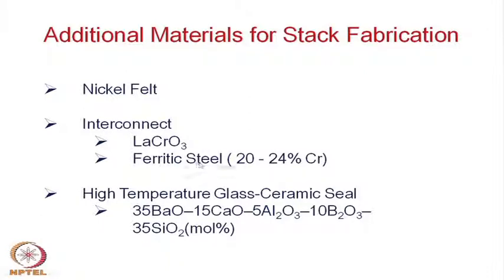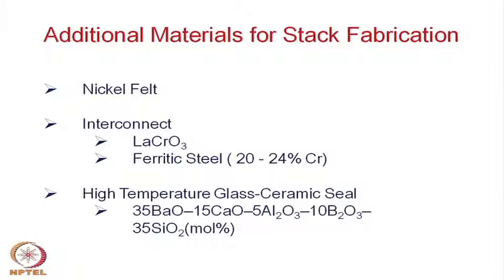I will give you more details of this in another slide. So far as the high temperature seal is concerned, as has been mentioned, they are basically high temperature glass or glass ceramics. Most of them after cooling actually get crystallized to some extent and form glass ceramic seals.